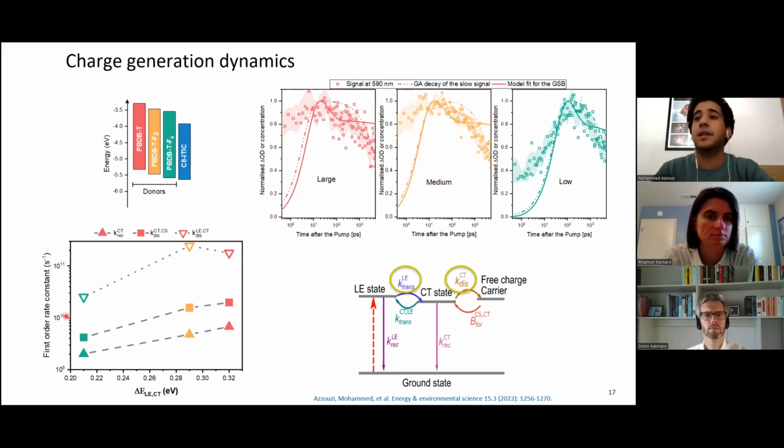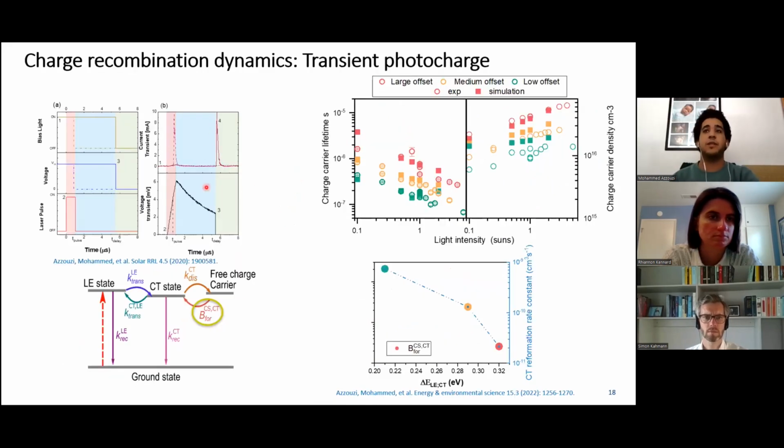So now the only parameter that we still need to get is this reformation rate. And to do that, we tried to fit the lifetime of the charge carrier using transient photocharge, to simulate this under different light intensity.